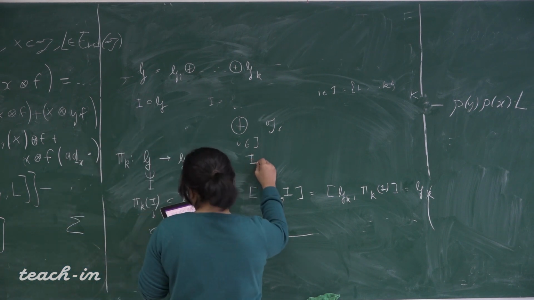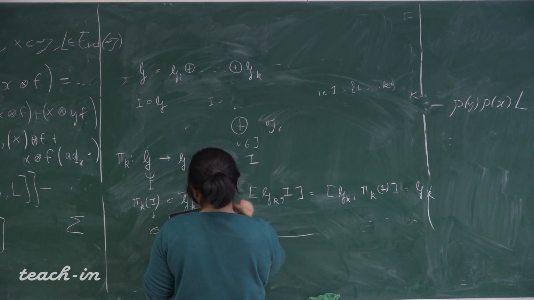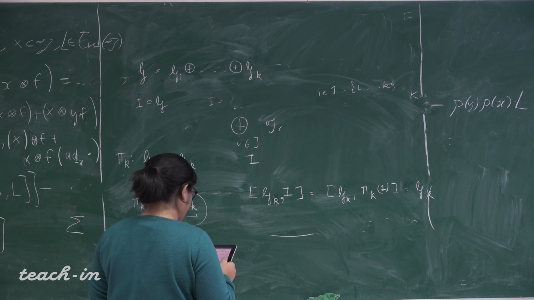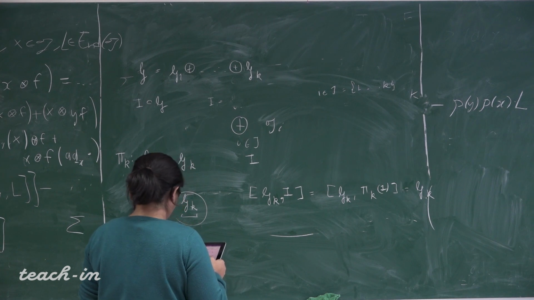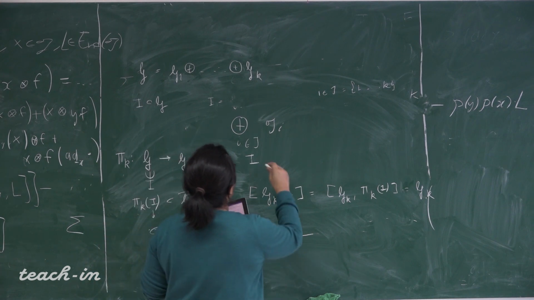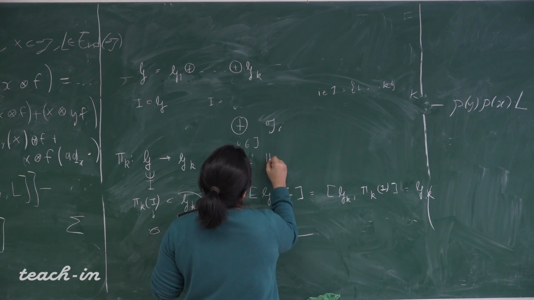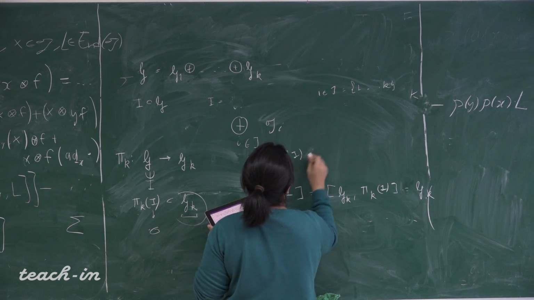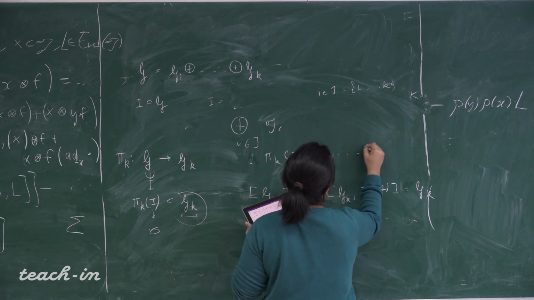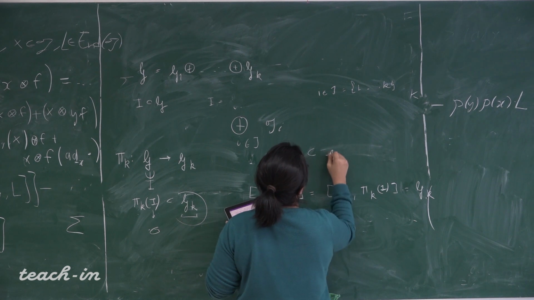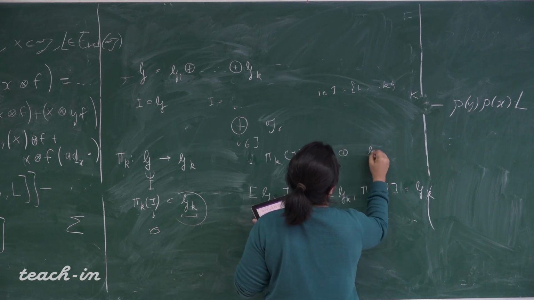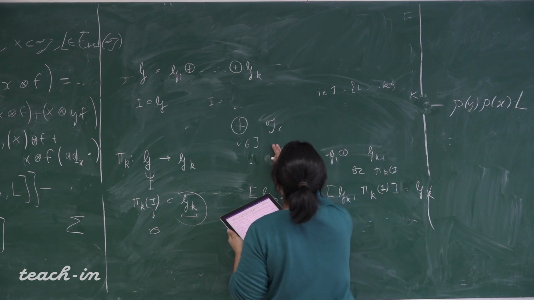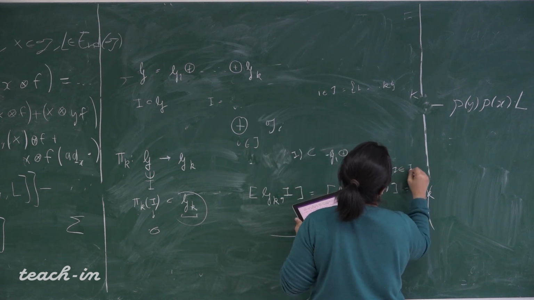Okay, first, pi K is G to GK, and pi K of I. Because pi K of I, we are assuming that it can either belong to G1 to GK minus 1, or it belongs to IK.